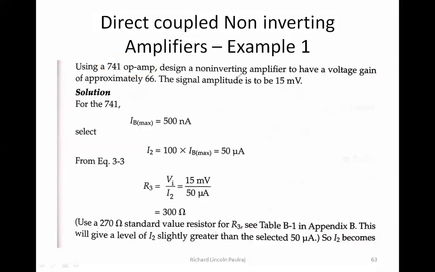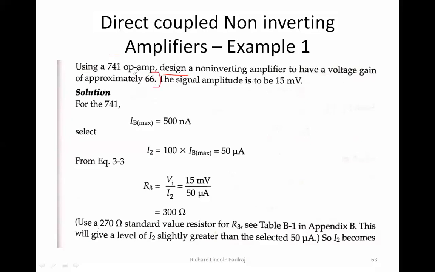The reason we give 741 is so that you refer to the 741's data sheet. When I say design, as I mentioned previously, we decide how much resistance and what currents are generated, for the same circuit we saw in the previous slide. Design a non-inverting amplifier to have a voltage gain of approximately 66.